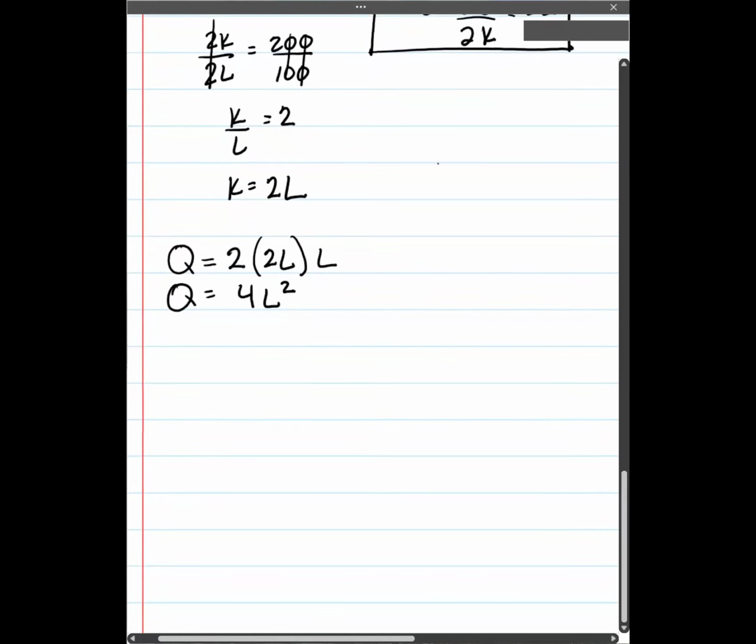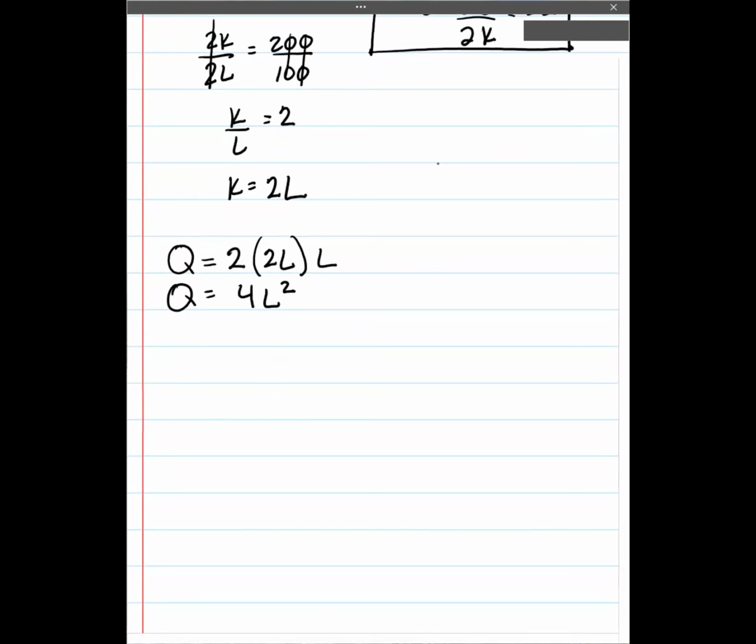From here, we solve for labor, because we want to know how the firm's level of output impacts how much labor it demands. We start by dividing both sides by 4, so we have quantity over 4 equal to labor squared. Then we take the square root of both sides, so we have quantity to the 1/2 power over 2 equal to labor. And that is the firm's demand for labor.